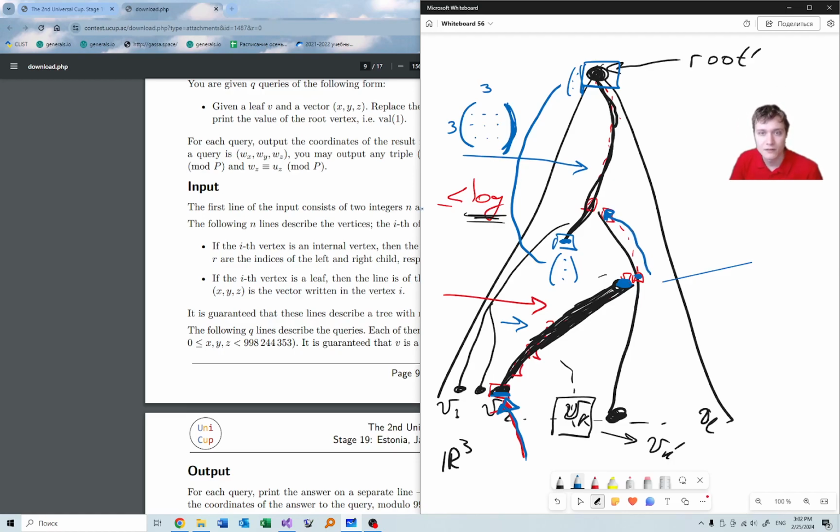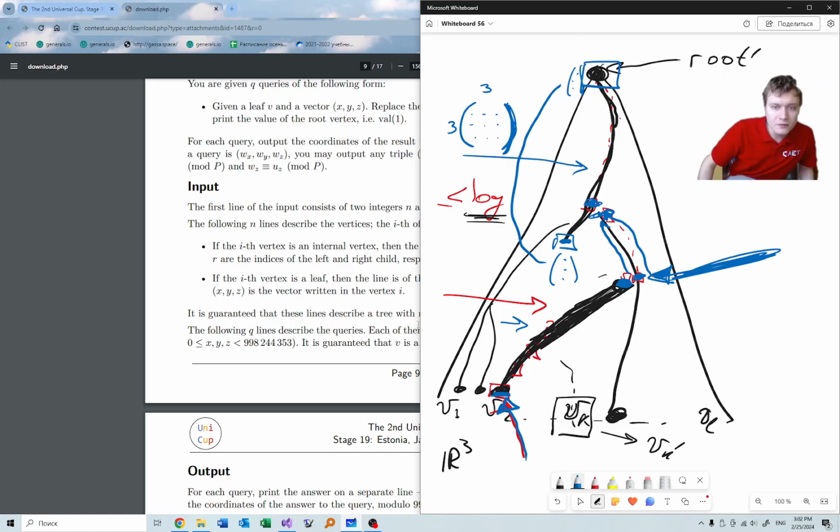This is harder, because now we need to jump from this vertex to this vertex, and we need to do it from the middle of the path.